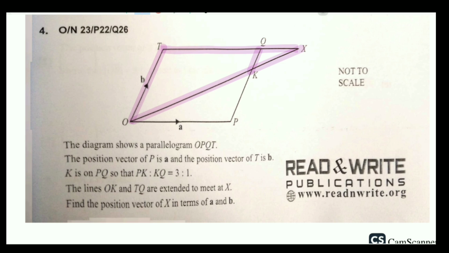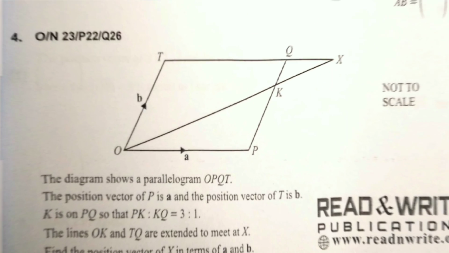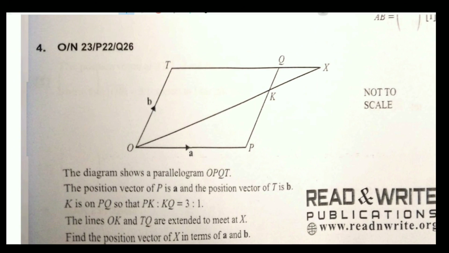So how will we use it? Let's start. Let's solve this question. This is also a question that we can solve with the help of similarity. As you can see, this is a triangle and there is also a small triangle inside it.